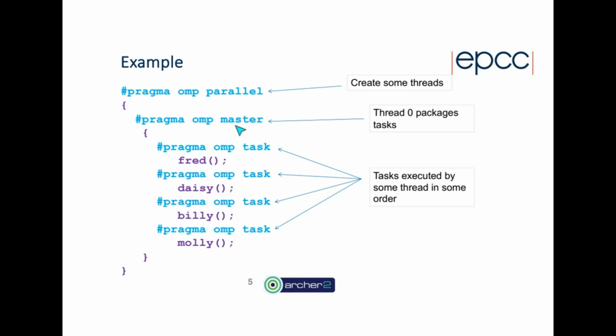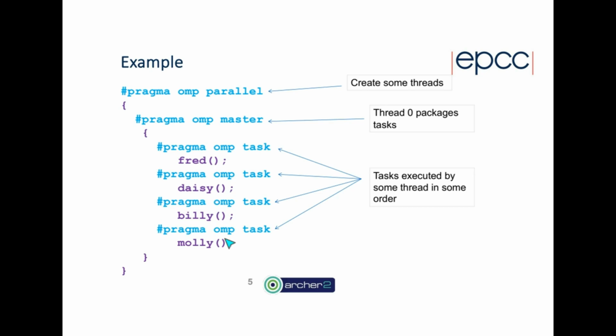Using single is also absolutely fine. Okay, so you'll quite often see that pattern as well. You'll see either parallel master or parallel single as a common pattern for using tasks. So that means that thread 0 is going to encounter all these task constructs.